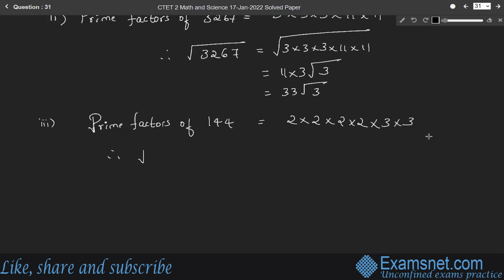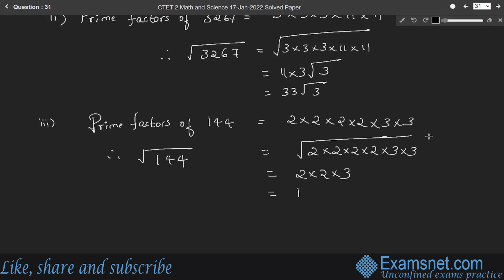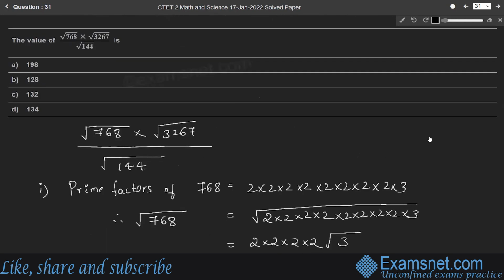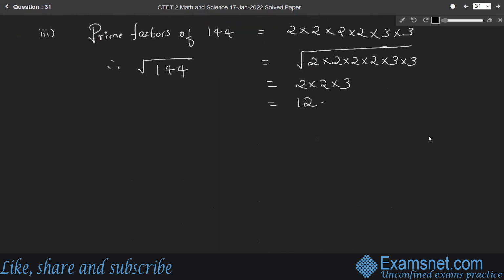Therefore, square root of 144 is root of 2 into 2 into 2 into 2 into 3 into 3, which is 2 into 3, 2 into 3, which is 12. Therefore, the given expression is root 768 into root 3267 by root 144.